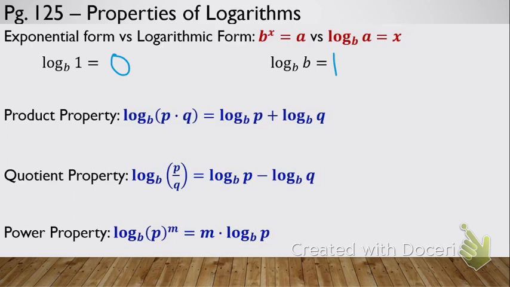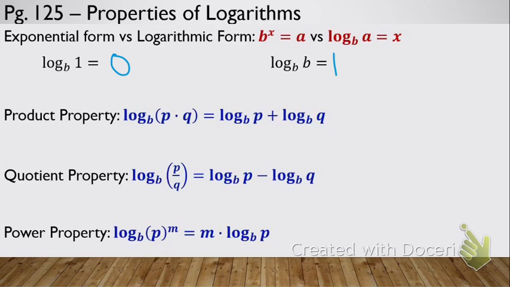We have a product, hence product property. What we can do with our logarithms is expand our product so that it's the log of the first factor plus the log of the second factor. It's multiplication. You can expand it out into addition.